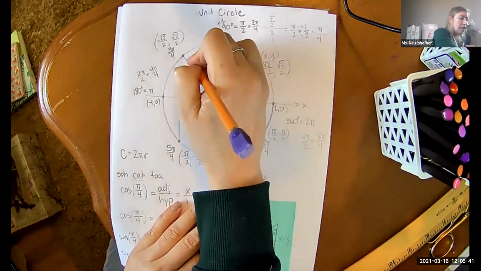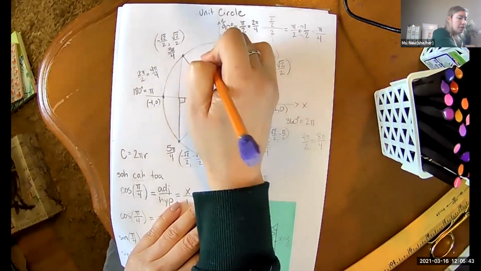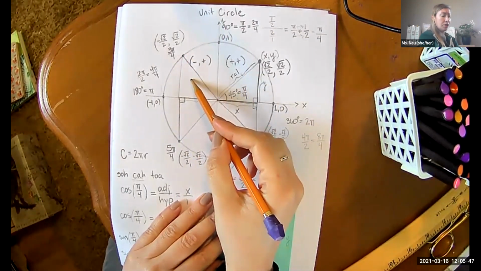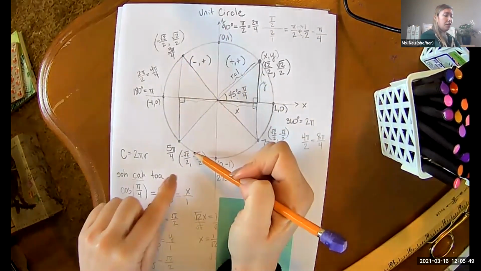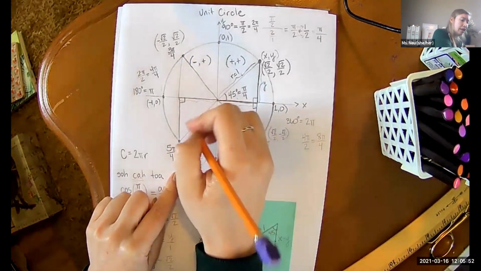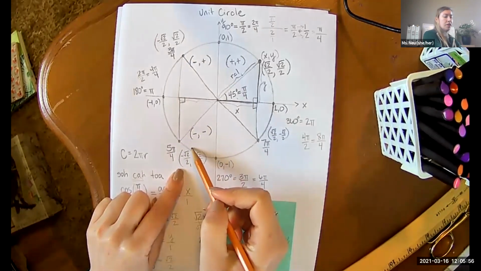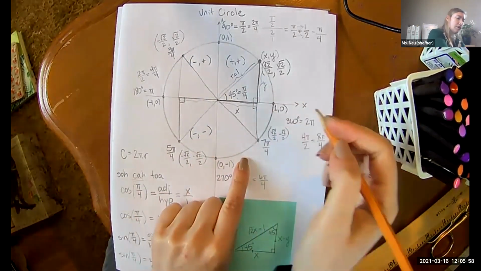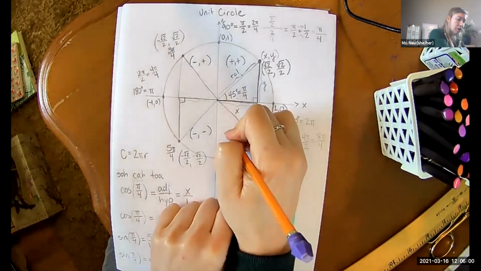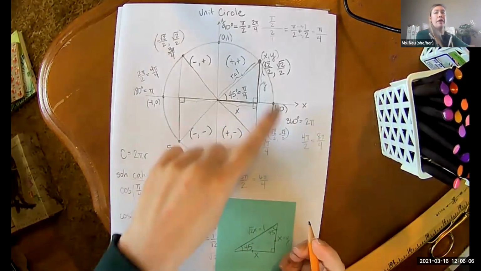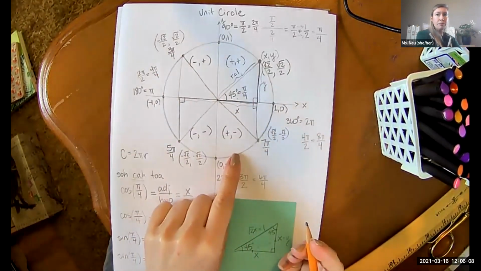They should be negative and positive in the second quadrant, and then they should be negative and negative in the third quadrant. And then over here, they should be positive and negative for my x and y values, okay?